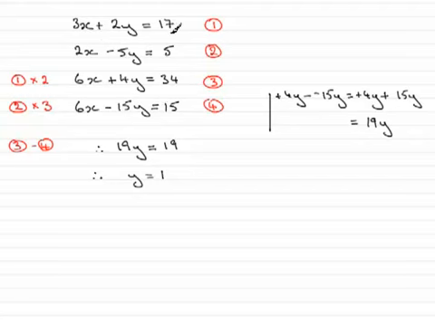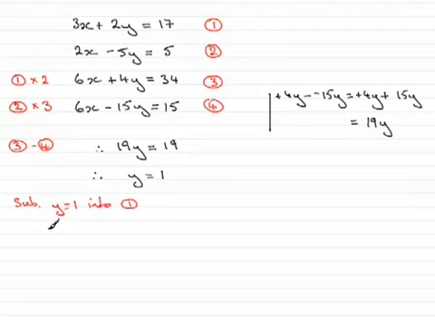I'm going to go into number 1. Why? Because I don't like minuses. And I certainly don't want to go into equations 3 and 4 purely because they've got bigger numbers in. So I'm going to stick with number 1 in this example. Let's tell the reader that that's what we're going to do: sub y equals 1 into equation number 1.